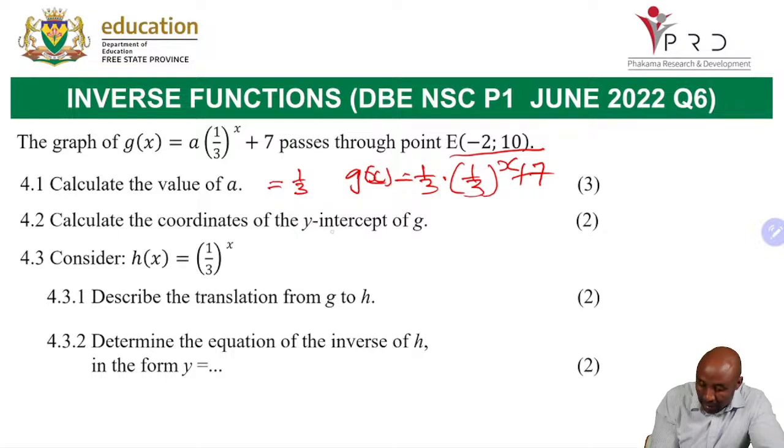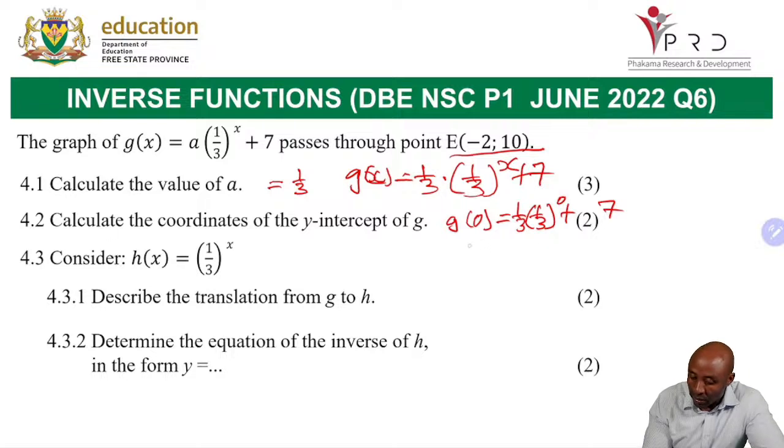For us to get the y-intercept, we know that our x is 0, so g of 0 becomes (1 over 3) exponent 0 plus 7.